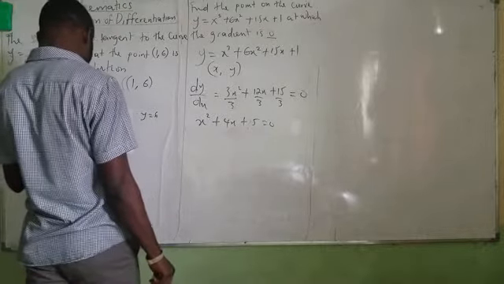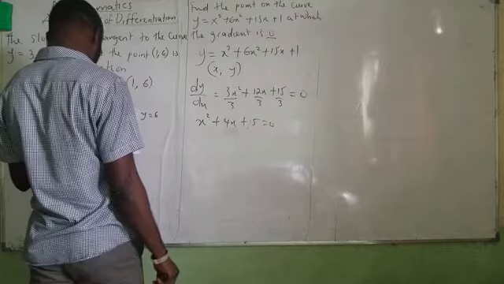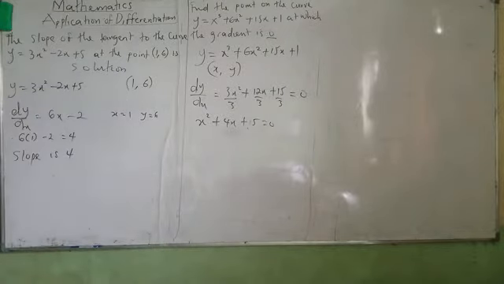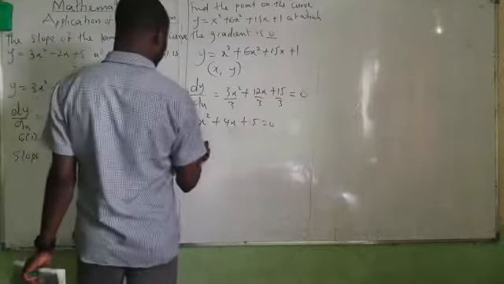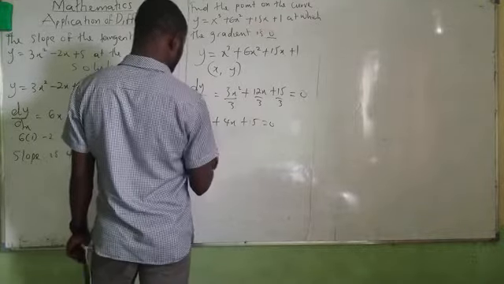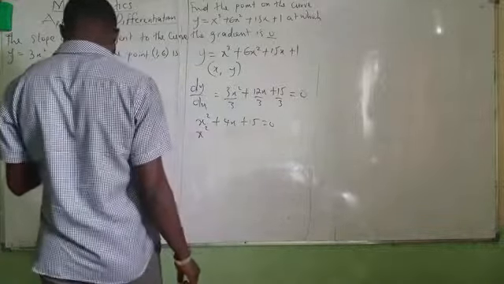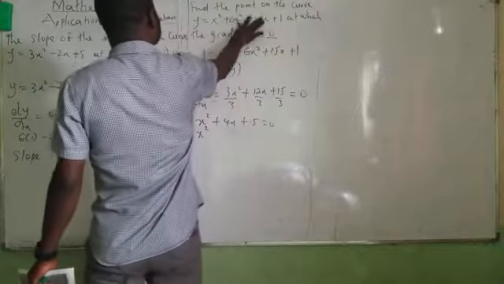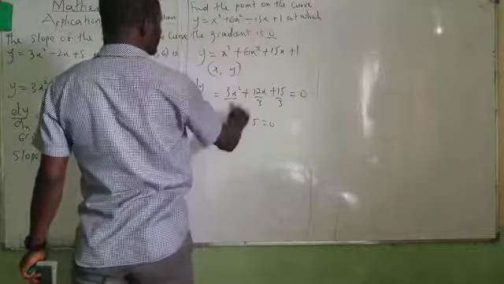Hope I'm not making mistakes. Okay, now I'm trying to work on that quadratic problem. That should not be a problem for me. I think I'll be having x squared. That should be a problem because there will be a minus here. The question is supposed to have a minus here.